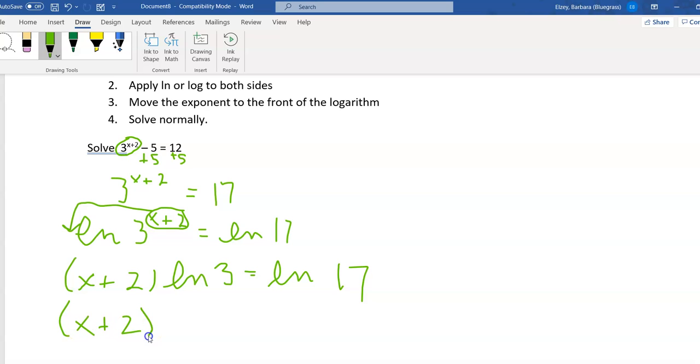If I put ln of 3 into my calculator, and I'm going to take them out about 4 decimal places, it gives me 1.0986. And then natural log of 17 is 2.8332.